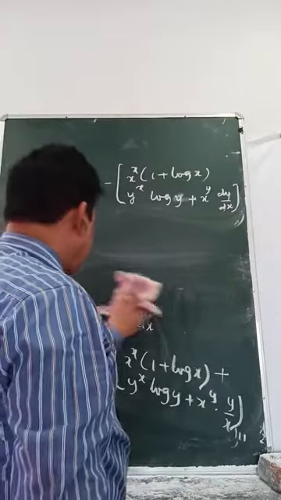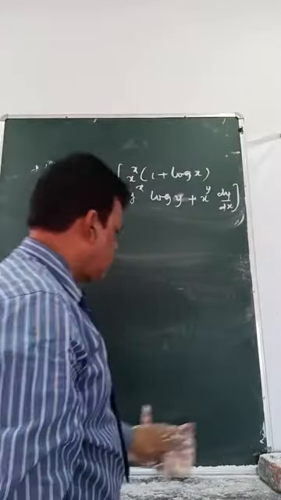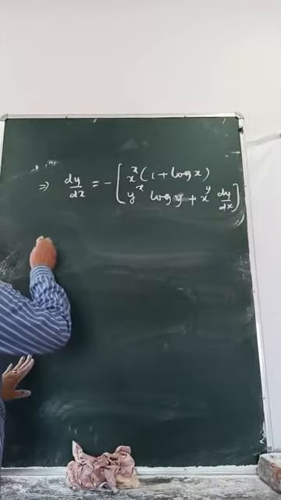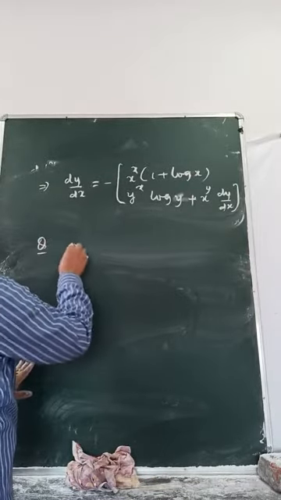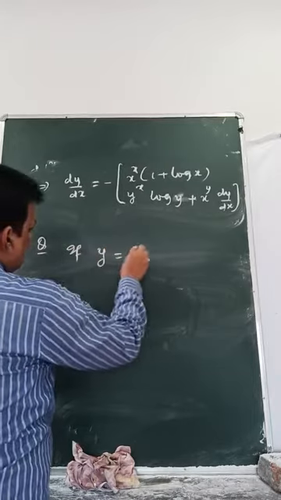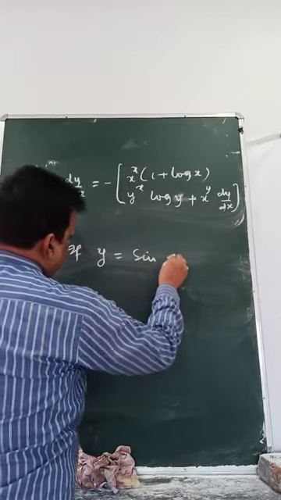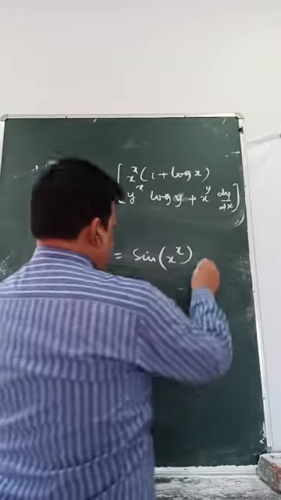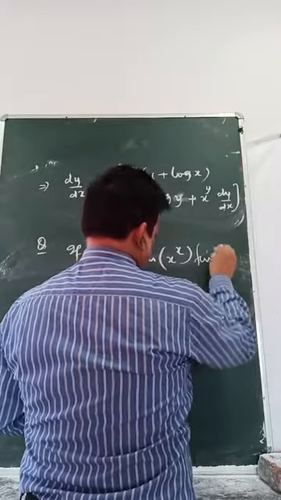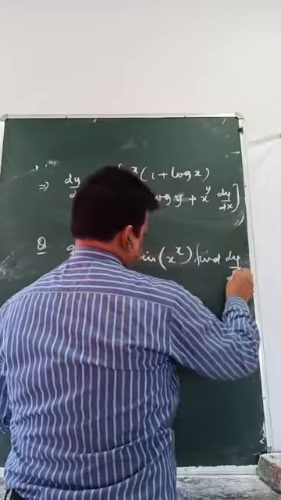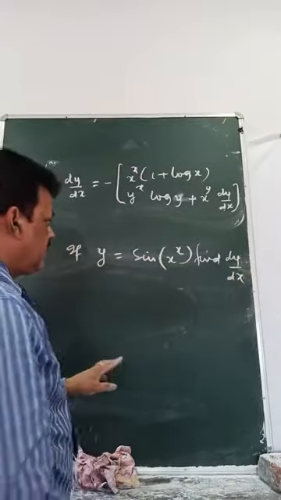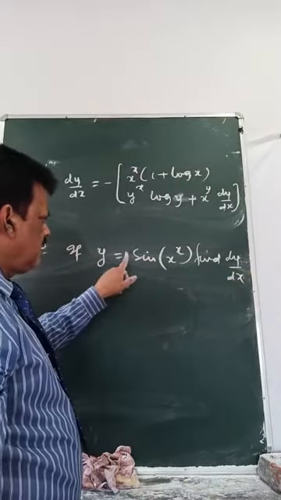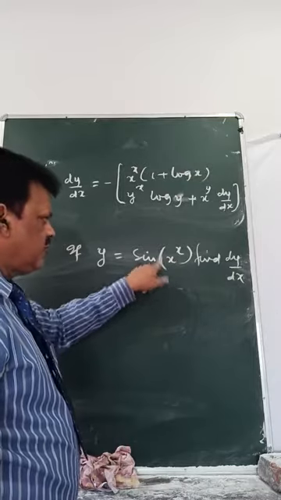Now see, if y equals sin x to the power x, look at here, find dy by dx. This is a different question again, because there is no formula for log sin of an angle.